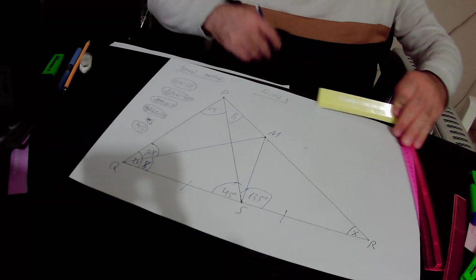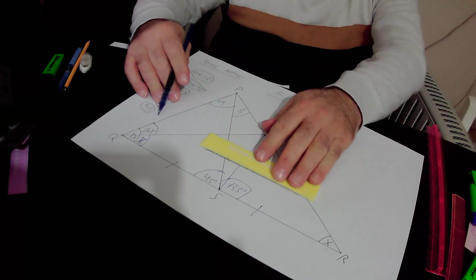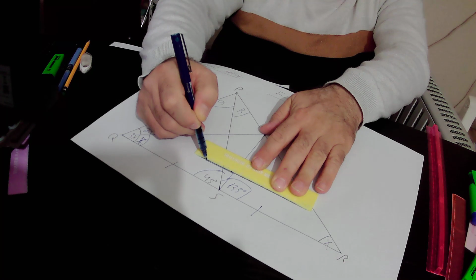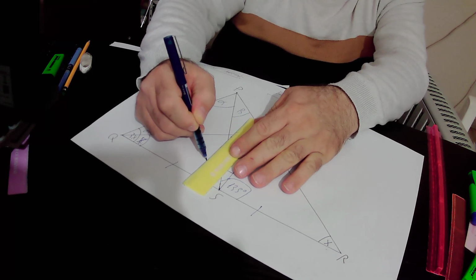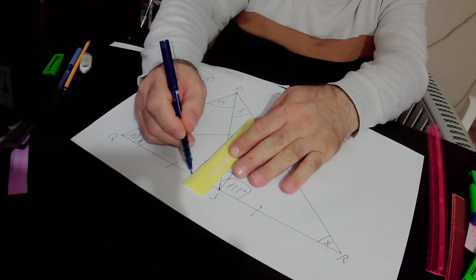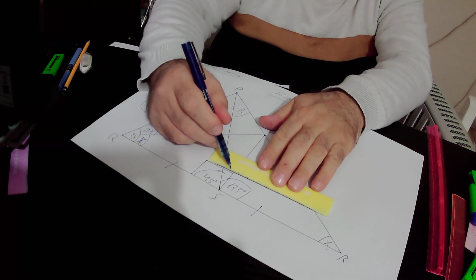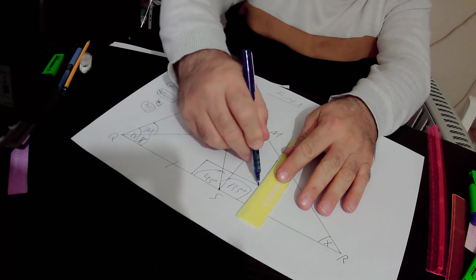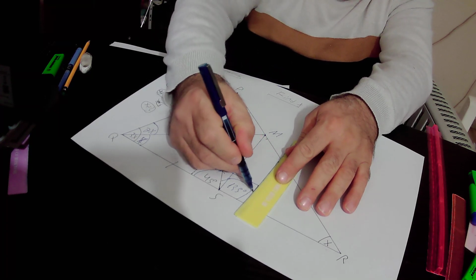That is to say, this angle is a right angle, it equals 90 degrees. And this angle is also a right angle, it equals 90 degrees.